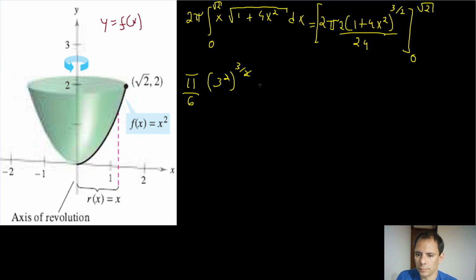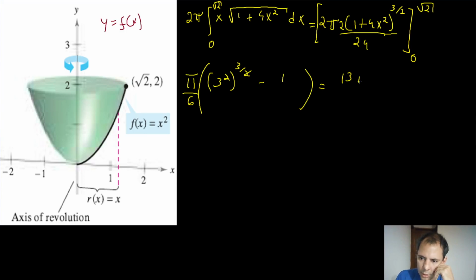But hold on. Minus, and the pi over 6 is multiplying everything. At 0, this thing is just going to be a 0. 1 to the 3 halves is just 1, so it'll just be a minus 1. So what do you have here? 27 minus 1, 26.